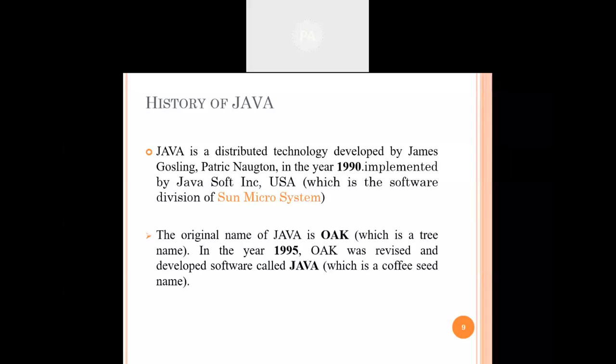In the historical part, you have to remember who developed the Java language, in which year it was developed, what is the name of that company, and what is the name of the main branch, Sun Microsystem. Earlier there was also a certification, the Sun Microsystem certified Java programmer.